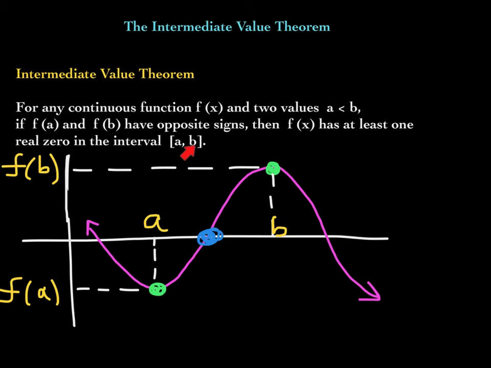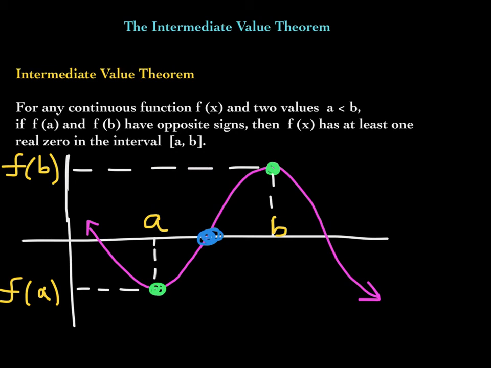If you can show that you're getting opposite signs when you're plugging in these endpoints, then you have proven that there exists at least one real zero between those endpoints.